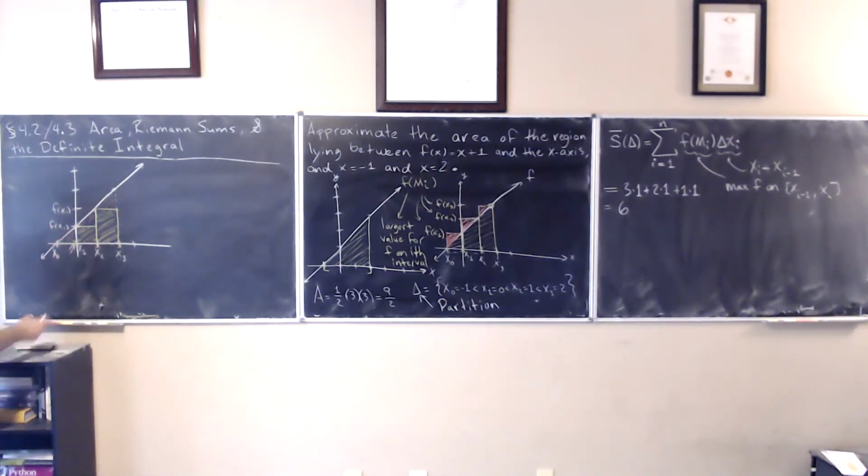That's f of x0, which would be the height of that rectangle. So here, these are going to be denoted by little n. And these are the minimum value on the ith interval.